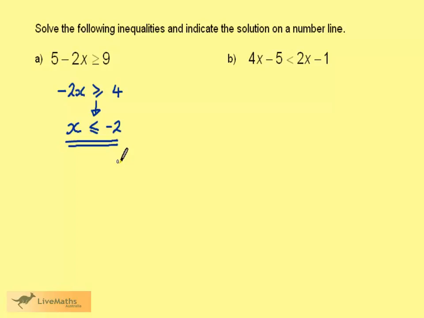There is a second approach we could use, which doesn't involve us having to remember to reverse the inequality sign when we divide by the negative number. We could start with 5 minus 2x is greater than or equal to 9.